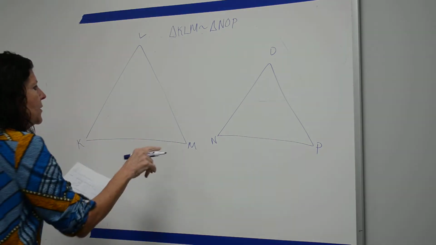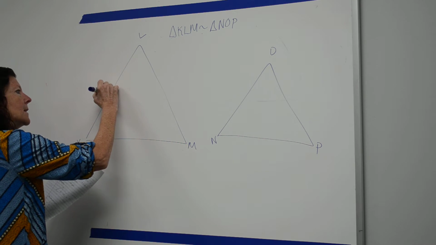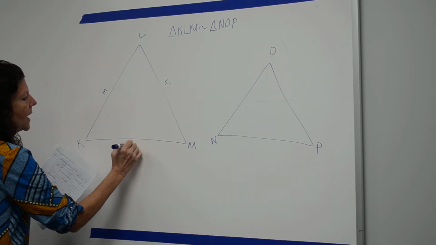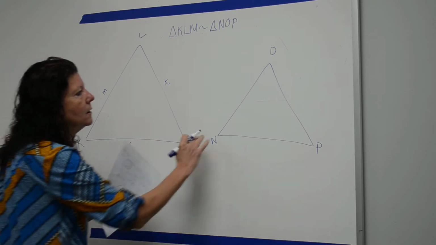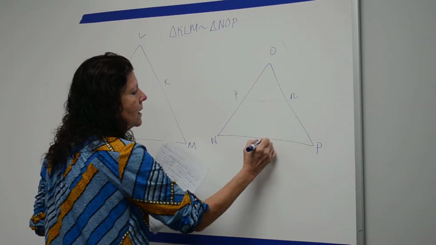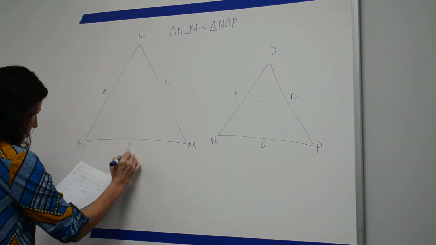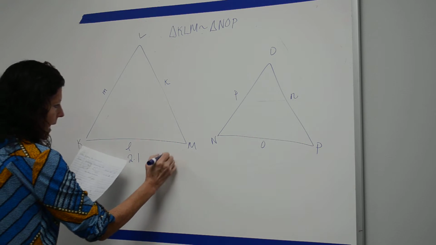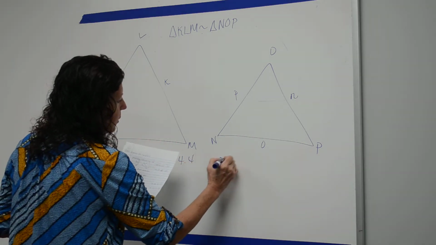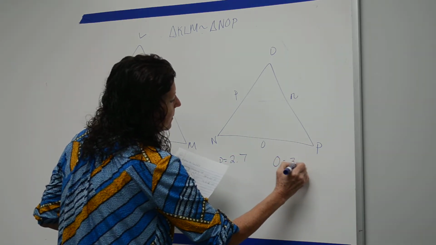And then they gave you different parts of the triangle. Understand, the side opposite M is little m, the side opposite K is little k, the side opposite L is little l, and the sides opposite N, P, and O are little n, p, and o. And then they gave you things like n equals 2.1, l equals 4.4, p equals 2.7, and o equals 3.3.